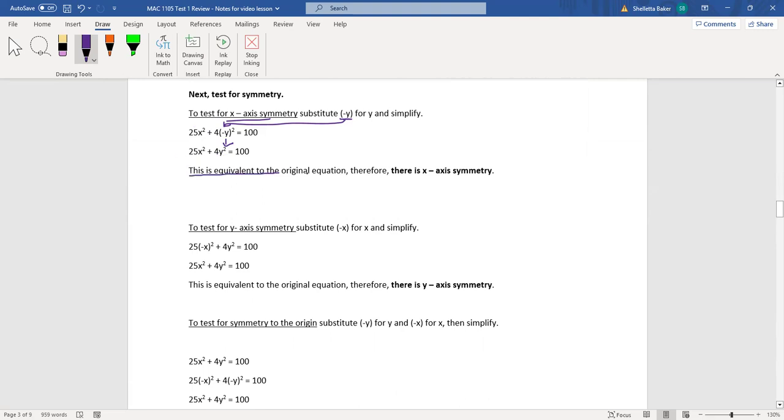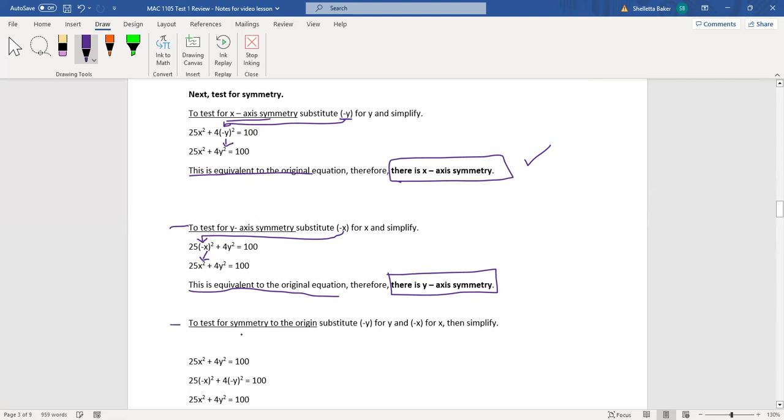So we wind up with the equivalent of the original equation, 25x squared plus 4y squared equals 100. Therefore, there is symmetry about the x-axis. To test for symmetry along the y-axis, we're going to substitute negative x for x into the original equation. And again, negative x squared becomes positive x squared, which is equivalent to the original equation. Therefore, we have symmetry about the y-axis.